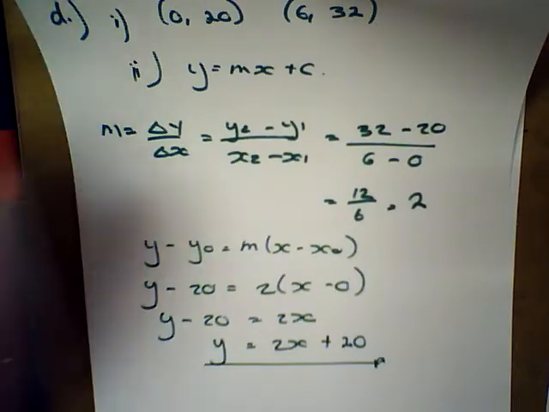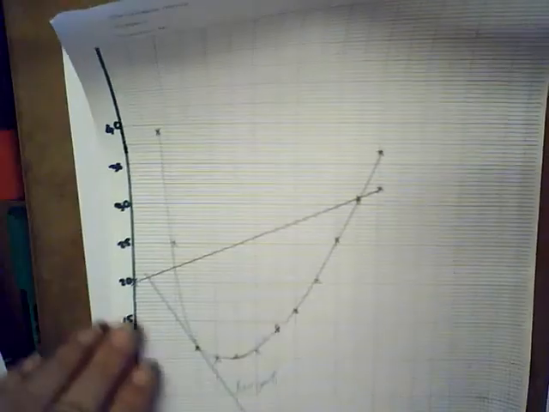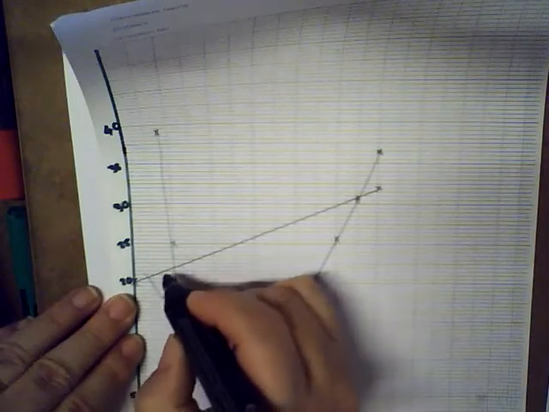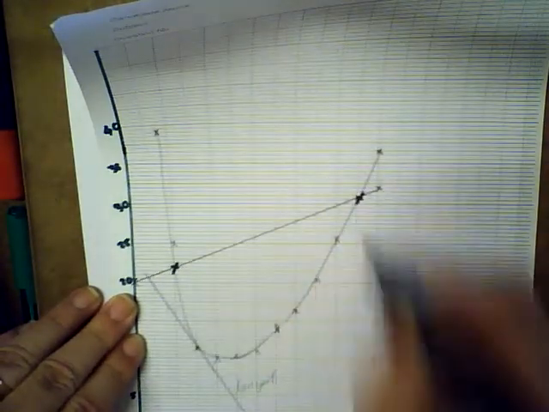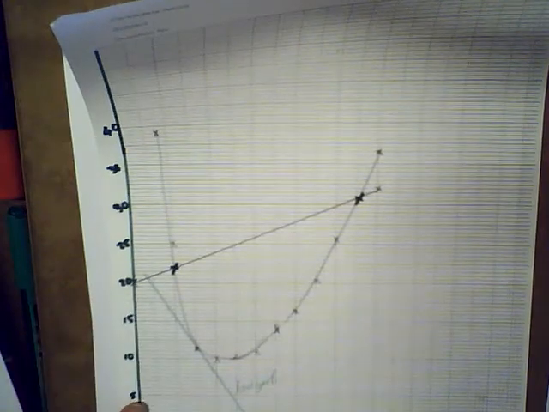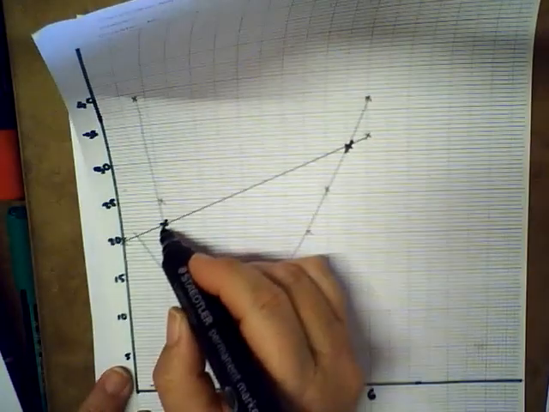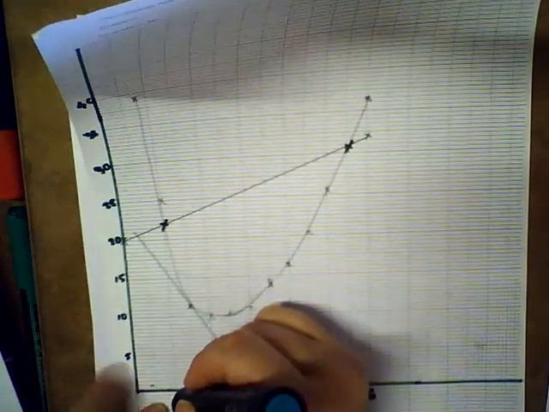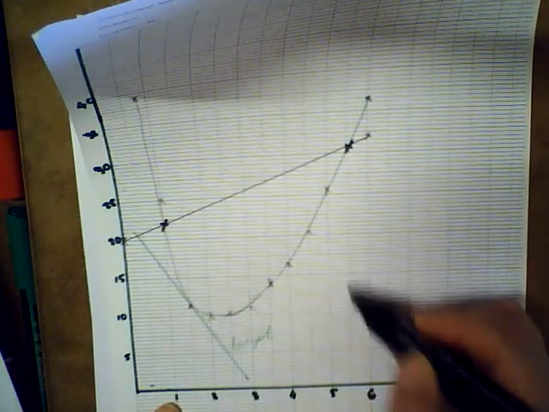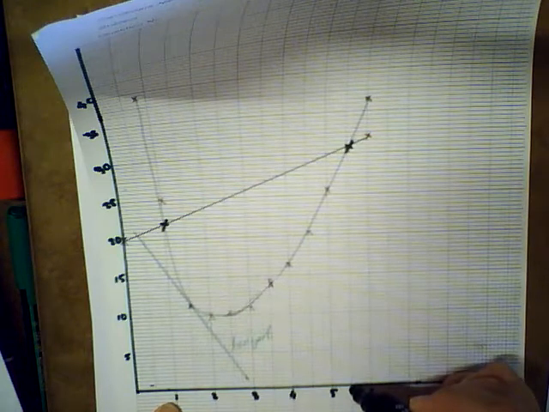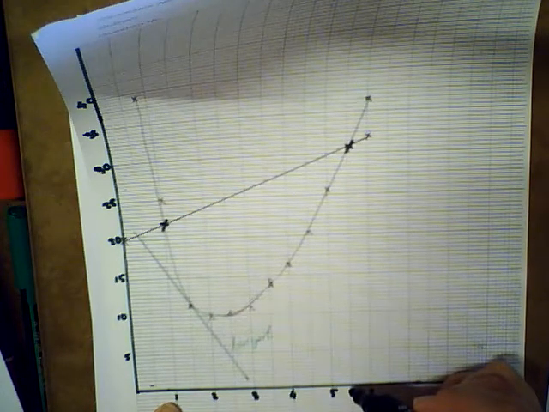Okay, so we want to find the values where the curve and the line are going to intersect, and that would be over there on those two places. You are going to, on your grid, write down those values. So I have it at 1, and those values intersect for me at 5.5 on my grid. Okay, but please do that from your graph.